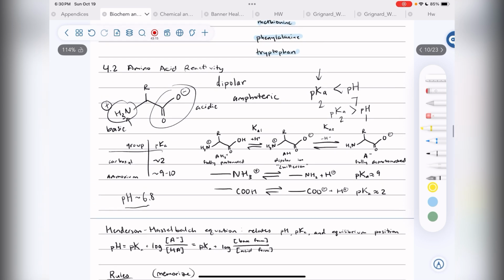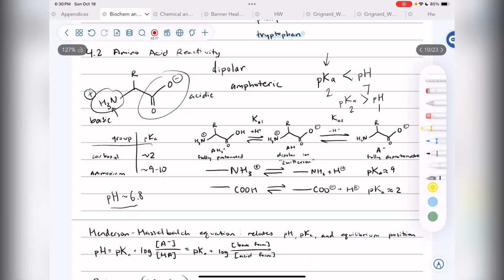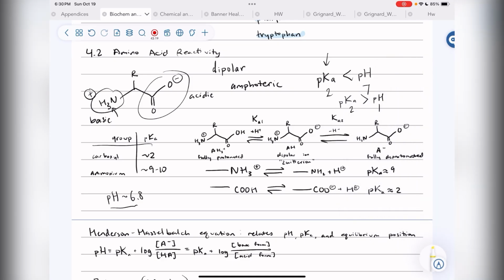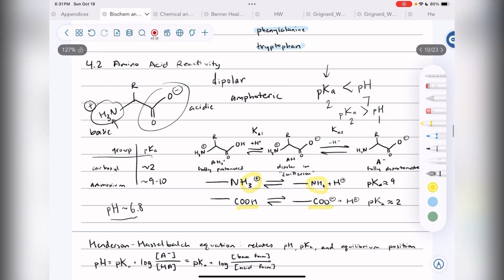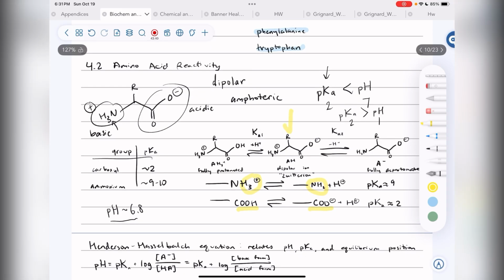Okay, and then you can see here that your ammonium group is going to go back and forth between being protonated, which is positive, and being deprotonated and neutral. This one's going to go between being protonated at neutral and then deprotonated, which gives it the negative charge, right? And so this is the zwitterion.